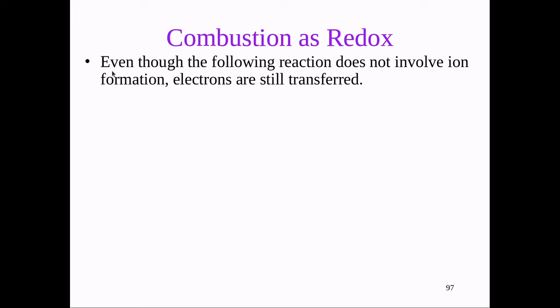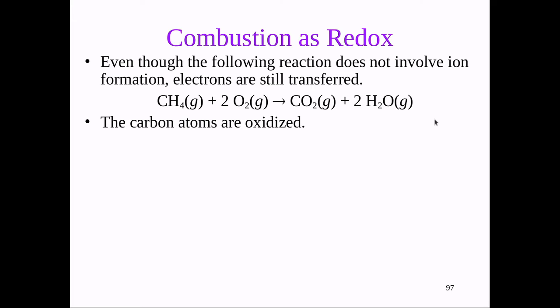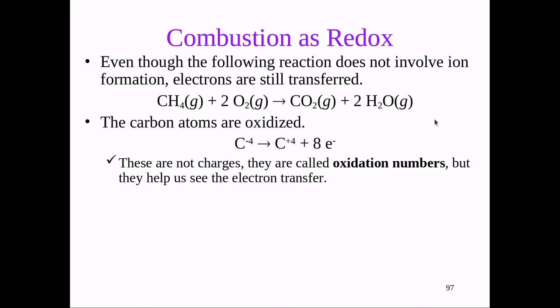So in a combustion reaction, sometimes you don't actually have any metals. And it's not very obvious that there's actually a charge, electrons transferred, because we're not forming any ions in this case. But I just want to point out that that is still true. The carbon atoms are still oxidized. They're going from this C-4 situation to a C+4 situation.